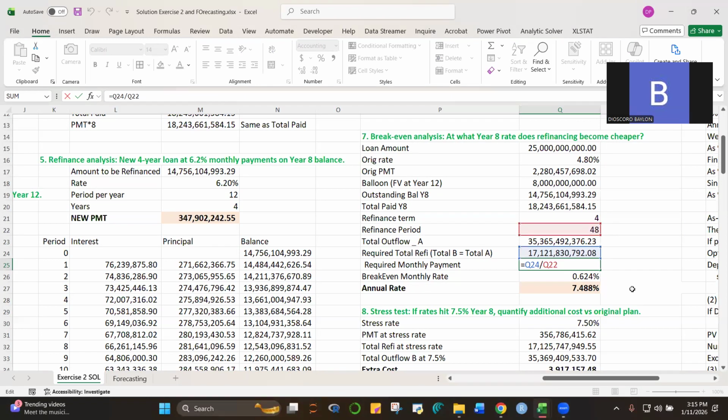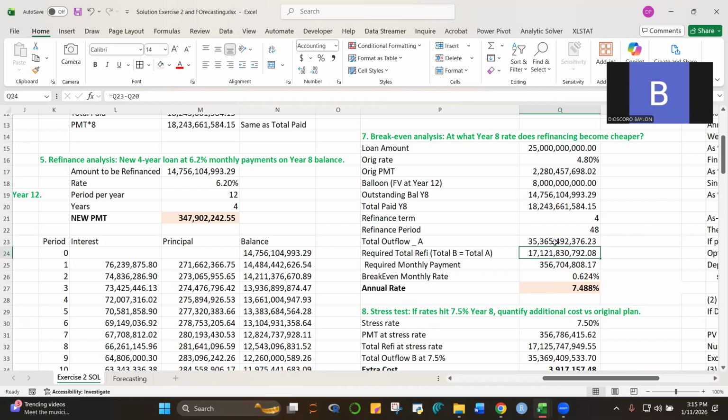So what does that tell us? We can have a monthly amortization of 356. If we keep on paying 356 million for 48 months, then the total is 17,121.